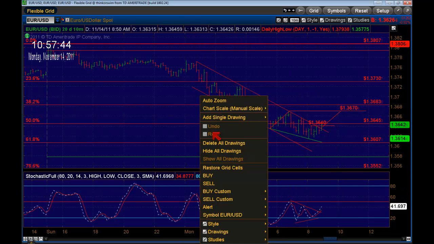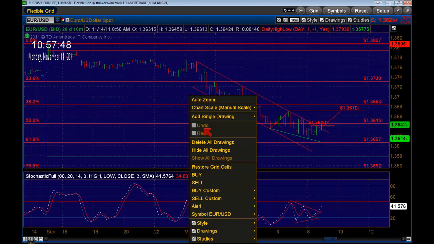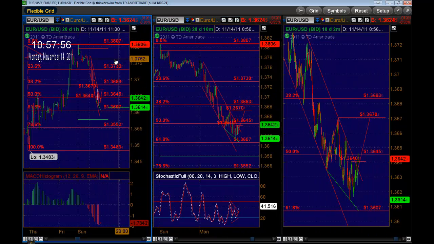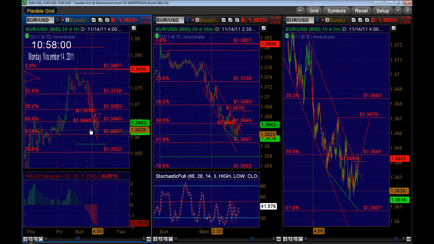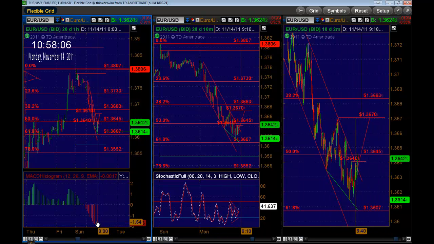Now the way I do this is that I look for the higher time frame to give me an indication of what the potential trend can do. The description of this strategy is in the membership section, but basically the higher time frame is running out of steam to the downside, and it looks like we could be developing back to the upside.